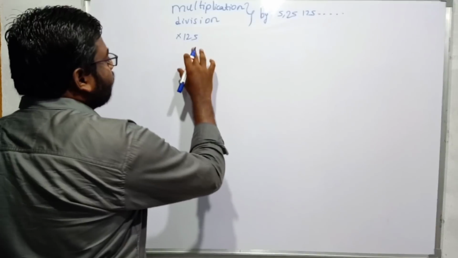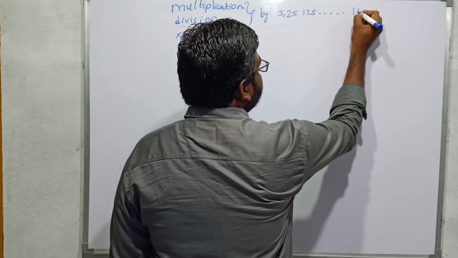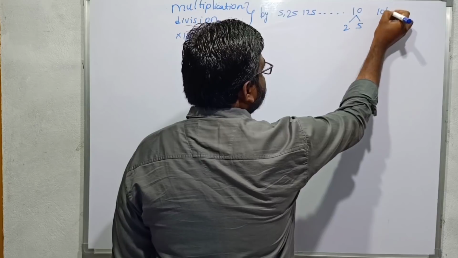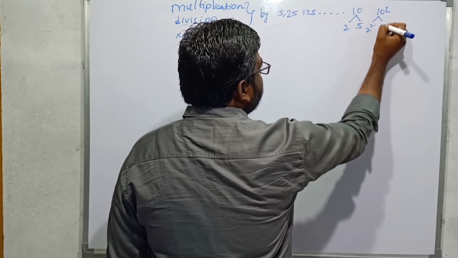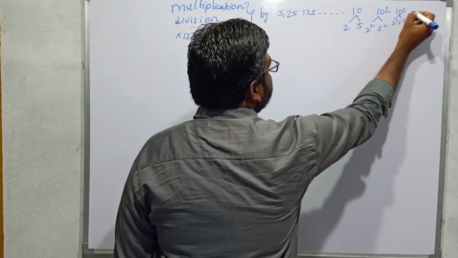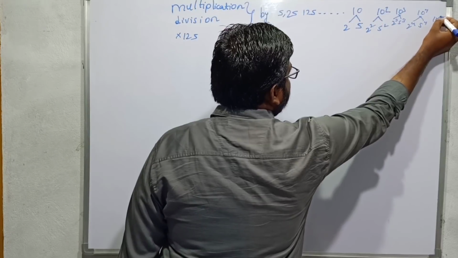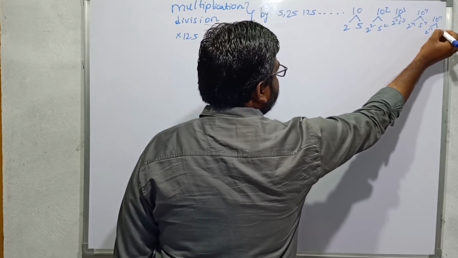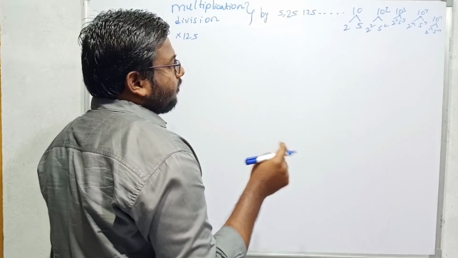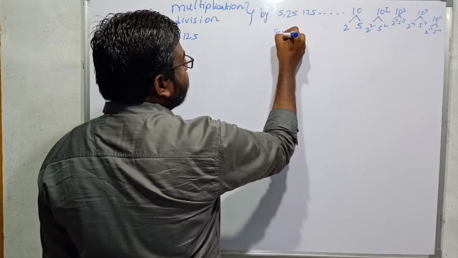For 125, what is it based on? 10 is nothing but 2 into 5, and 10 square is 2 square into 5 square, 10 cube is 2 cube into 5 cube, 10 power 4 is 2 power 4 into 5 power 4, 10 power n is 2 power n into 5 power n. So 10 cube is 2 cube, which is 8, and 5 cube, which is 125. 8 into 125 is 1000.